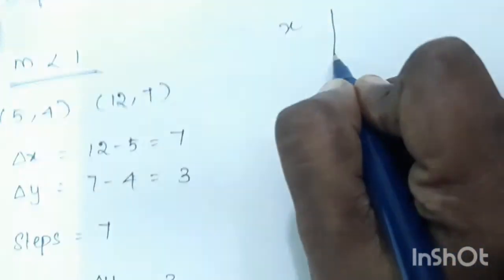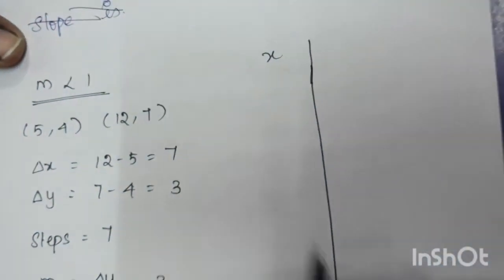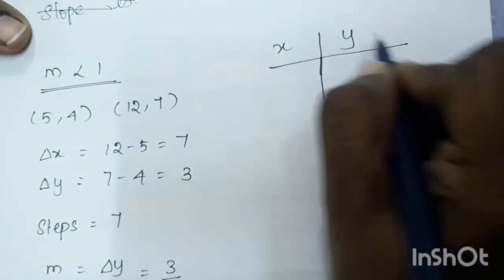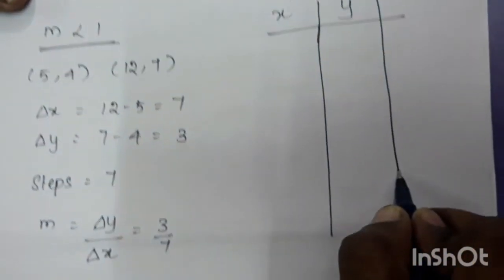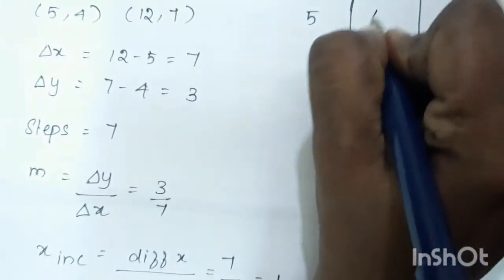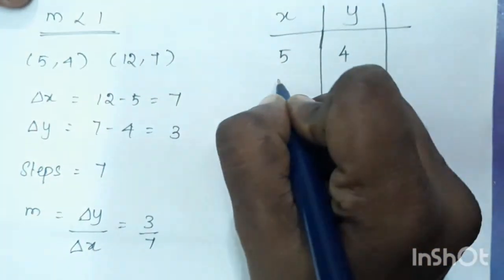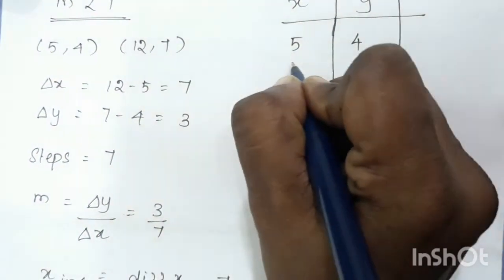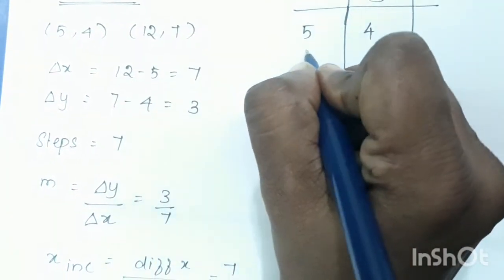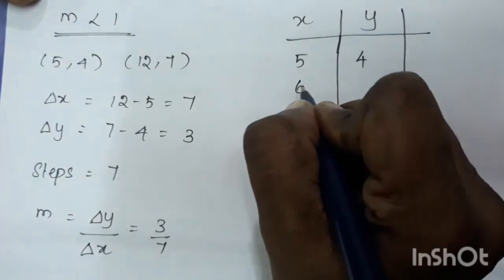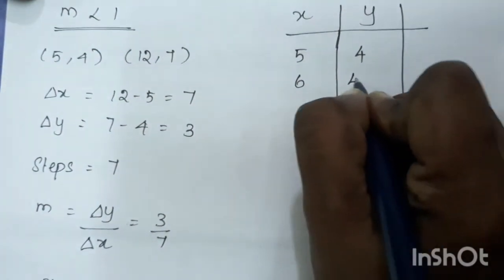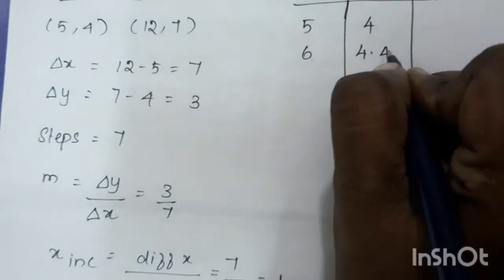We'll see how it is incrementing. So the first point is 5, 4, and the next one is x incremented by 1 and y value incremented by 0.4.